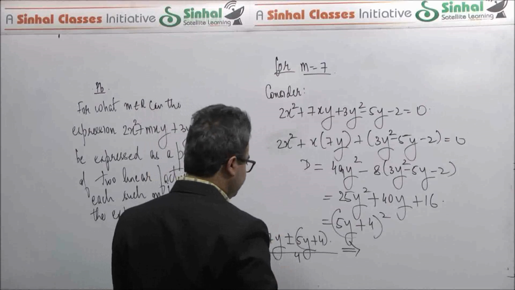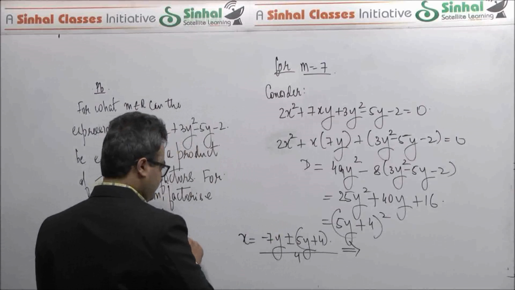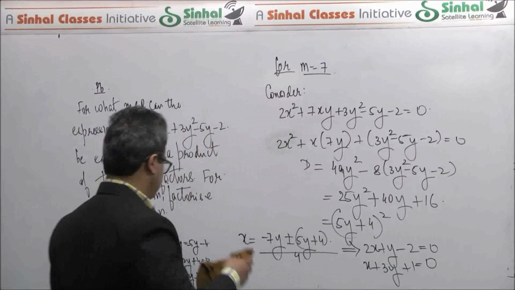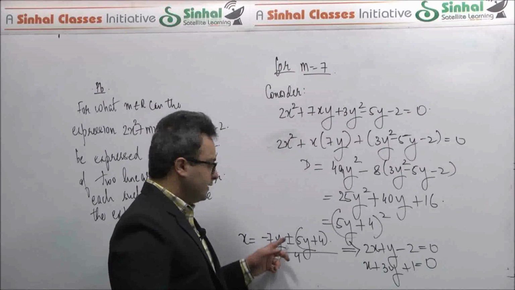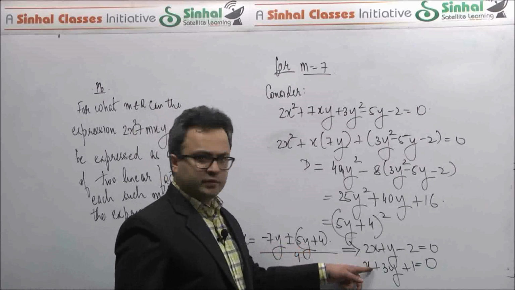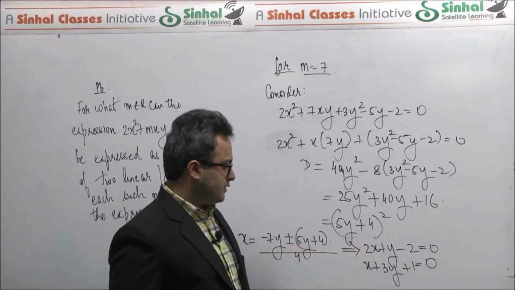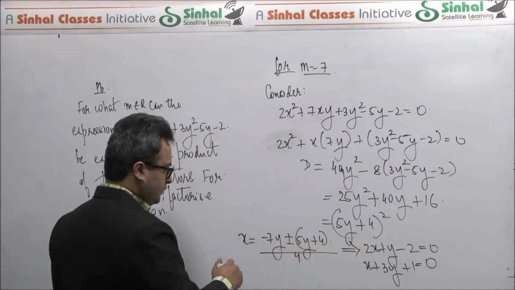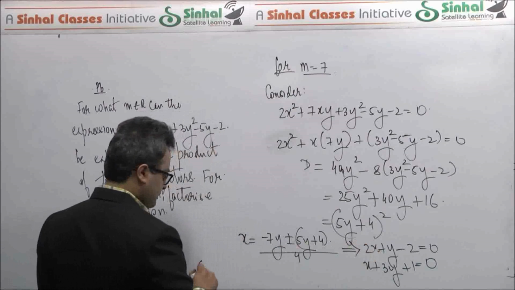This has my relation, and which gives us, so when I take the plus and minus sign once each, I'll get these two expressions, and so my required factorization will be basically the product of these two factors.